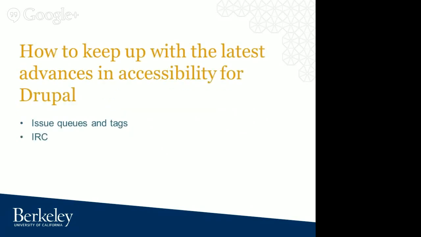Okay. All right. Anyone interested in keeping up with advances in Drupal? Yeah, okay. So, in Drupal, a lot of stuff goes on in the issue queue. That's really where all of the action is. So, for example, in many cases, someone who files an accessibility issue will tag it with accessibility.